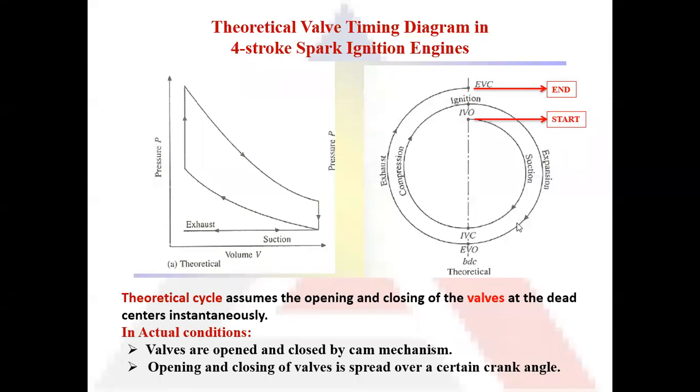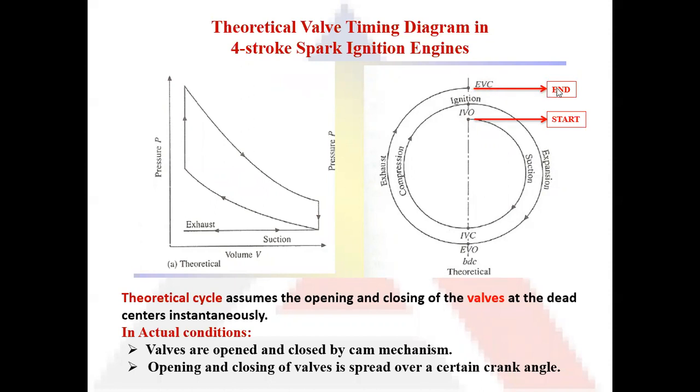This is my power stroke or the expansion stroke. Now as the piston reaches the bottom dead center, here another dot is there, it says EVO. EVO stands for exhaust valve opens. So the exhaust valve opens at this point, and as the piston starts to move from bottom dead center towards the top dead center, the exhaust gases are pushed outside from the exhaust valve. So we get the exhaust stroke. As the piston reaches the top dead center, we have another dot, it says EVC, meaning exhaust valve closes.